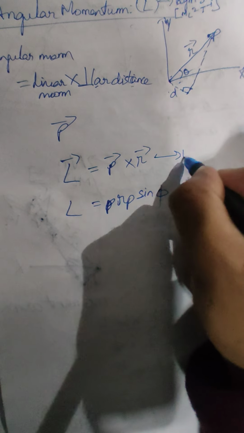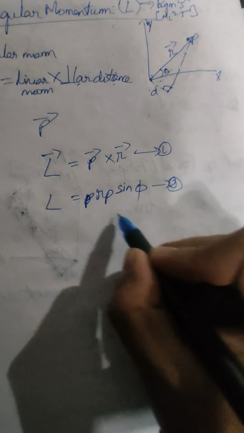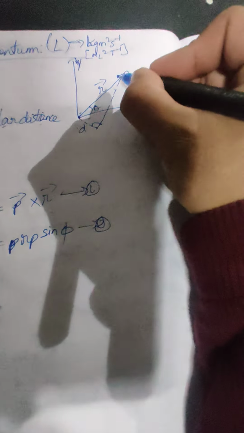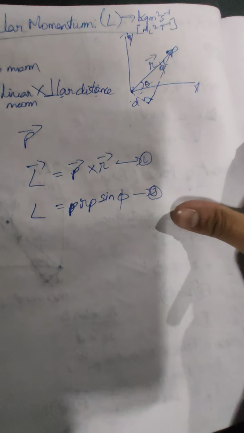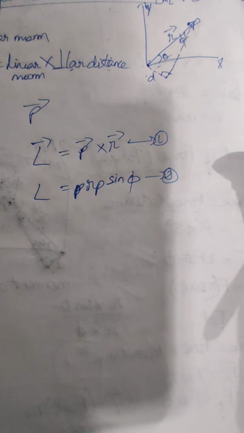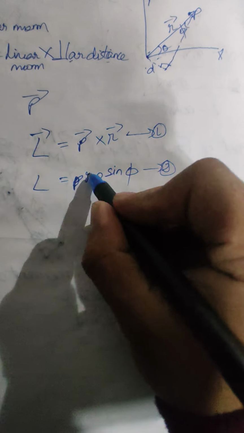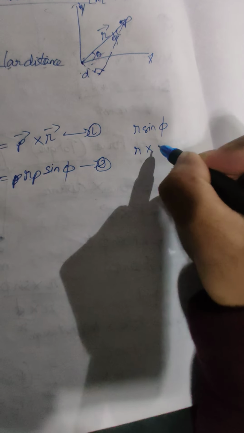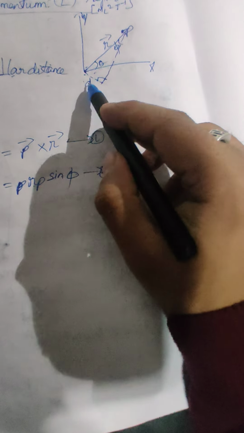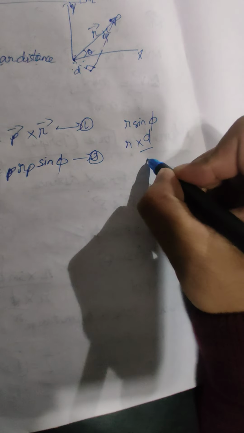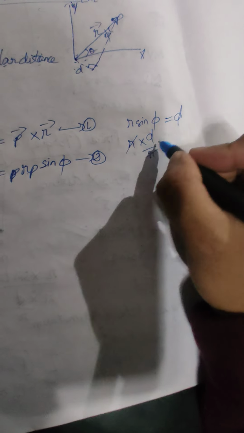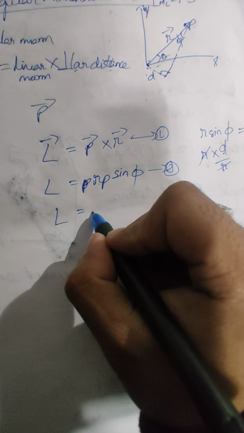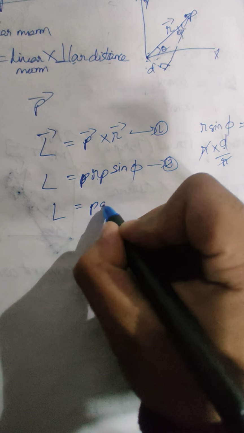Let's call this equation 1 and this equation 2, which is in terms of magnitude. I will not explain how we get sine again, it is exactly the same as the previous topic. Now r sine phi, what is sine? Sine is d by r, so r sine phi will be equal to d. So we can write L equals p d, since r sine phi is d.